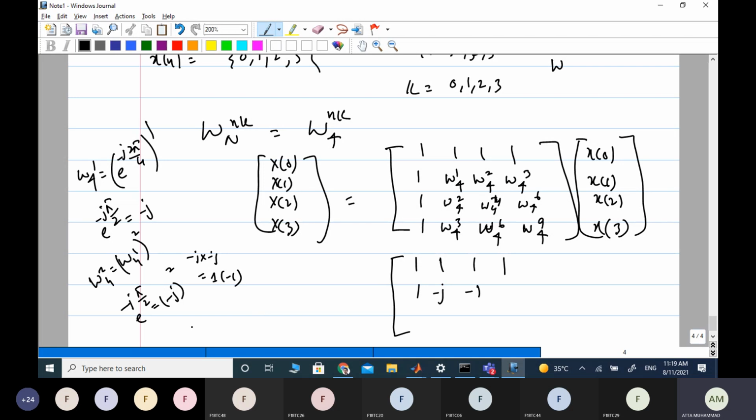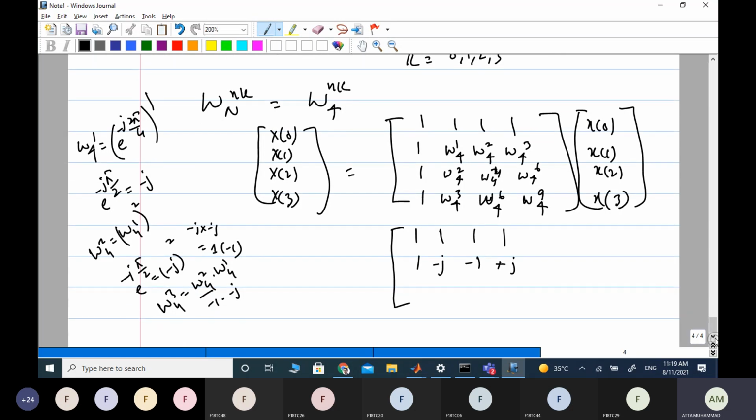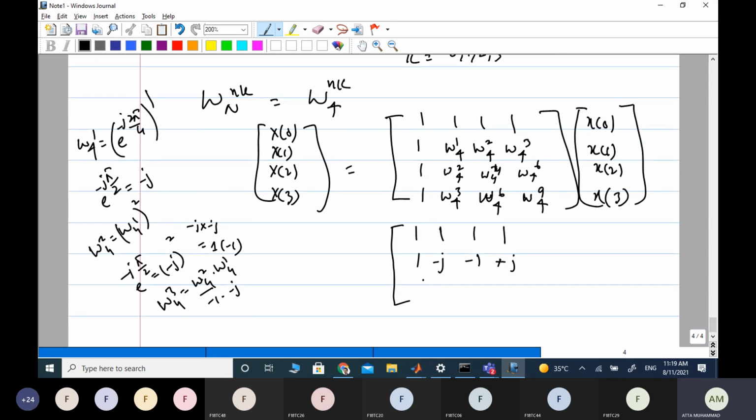And we know that W4 power 3 is W4 power 2 times W4 power 1. So we get minus 1 here and minus j here, right? So we get a plus j. Okay. And from here we have 1. We have already computed W4 power 2, that is equal to minus 1, so we don't need to compute it again.